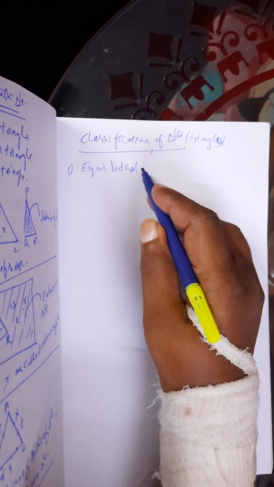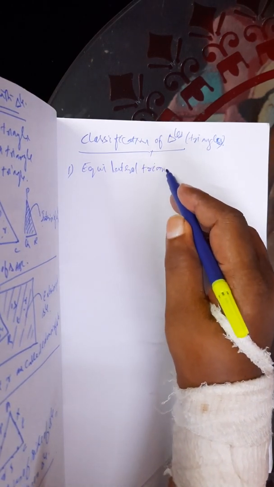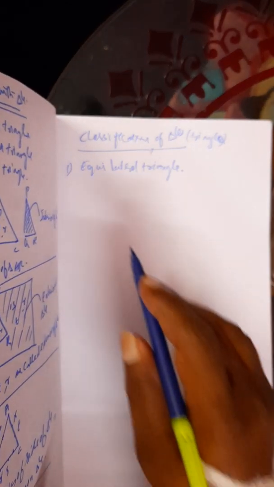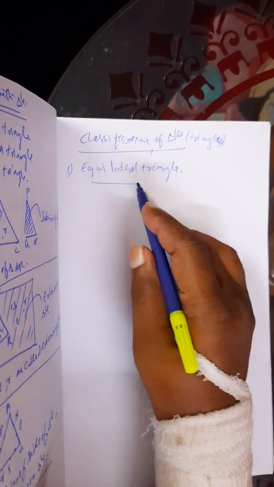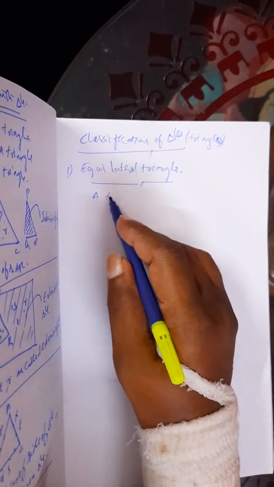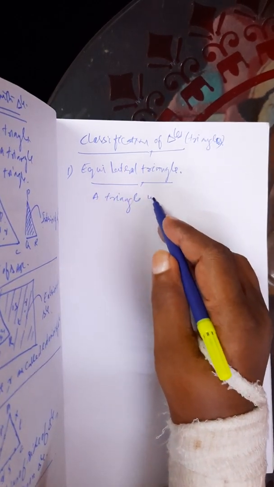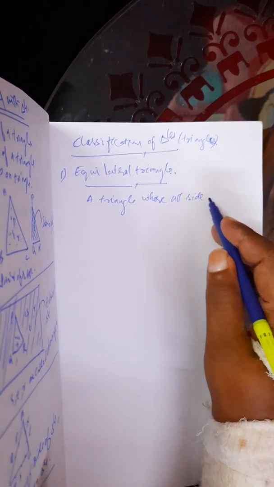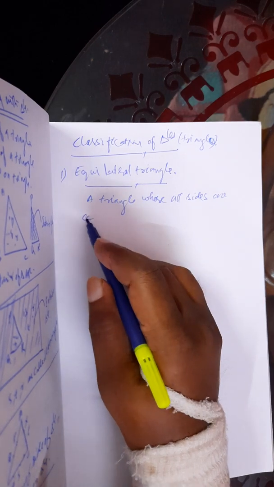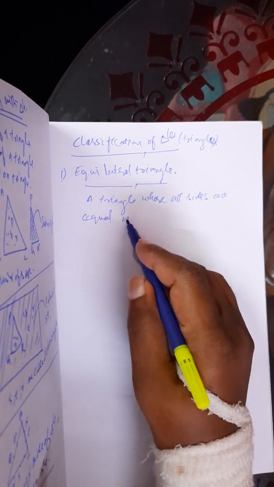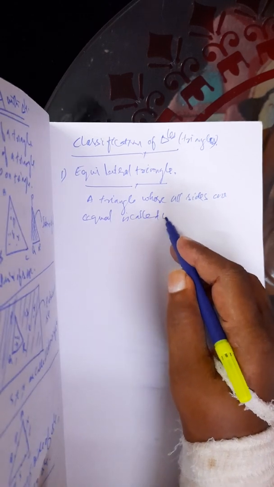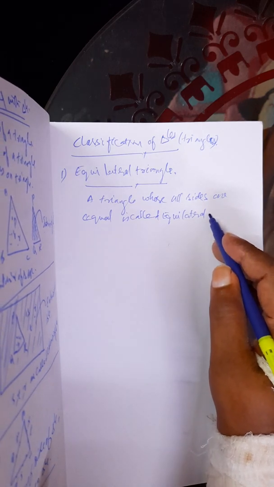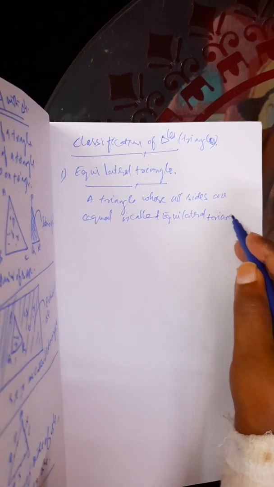Equilateral triangle. What is that? According to sides we have to judge. A triangle whose all sides are equal is called an equilateral triangle.